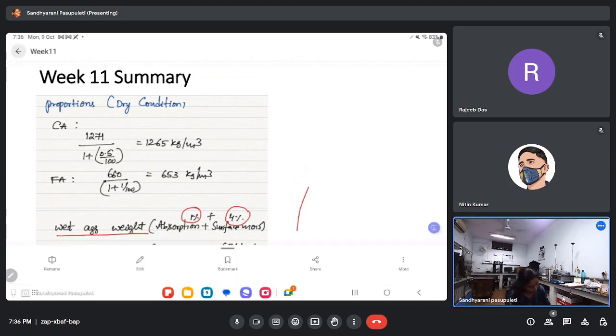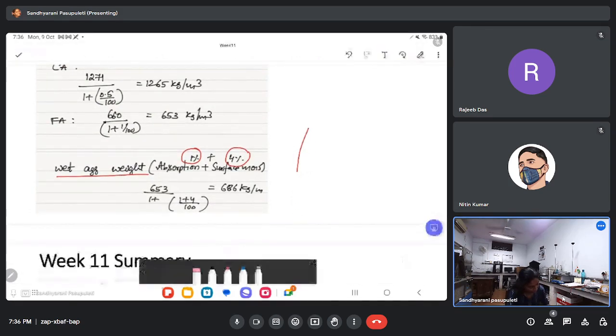As you have seen previously, the dry aggregate plus the percentage of water into dry aggregate is what we are going to get as the wet aggregate weight. Okay. So from this we have to calculate.